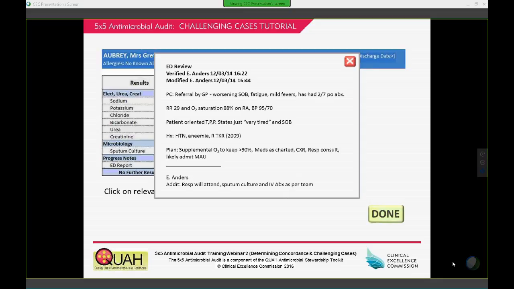The O in CORB score stands for oxygen saturation at or below 90%, and we can see here that the patient's oxygen saturation was 88% on room air, so we can allocate a point there. The R stands for respiration rate of 30 or more breaths per minute, and this patient had a respiration rate of 29, so no point there.